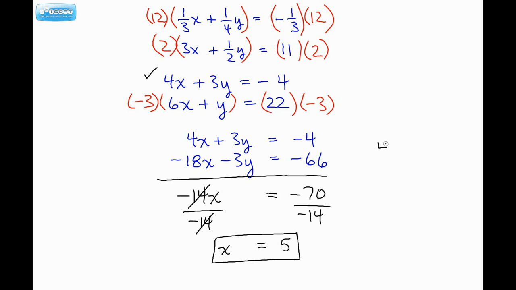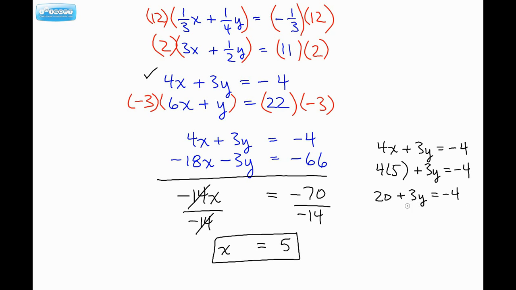So this is 4x plus 3y equals negative 4. But I now know x is 5. X is no longer a mystery, so I'm going to replace x with what I've solved it as. 4 times 5 is just 20. Let's isolate.